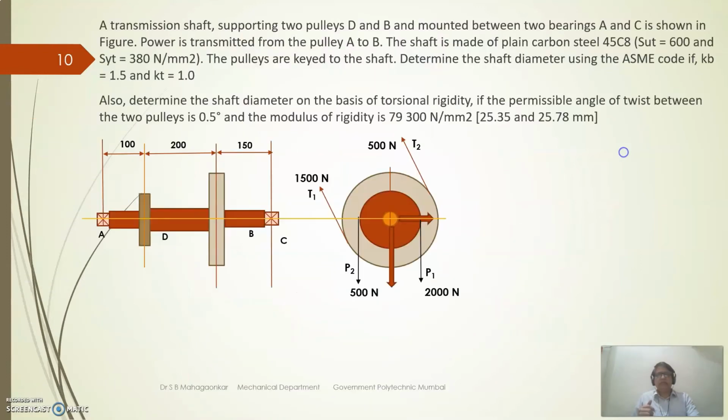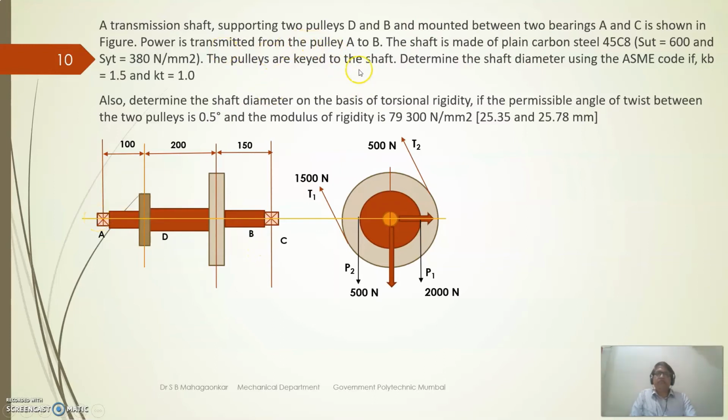So now we will go for an actual problem. I will read the problem here. A transmission shaft supporting two pulleys D and B, mounted between the two bearings A and C as shown, right?